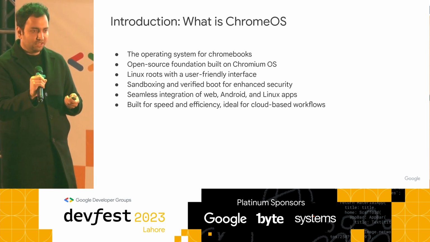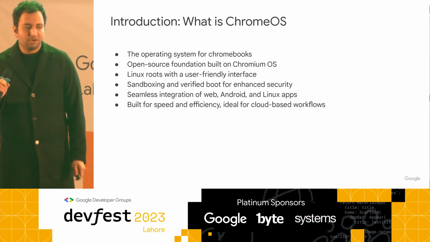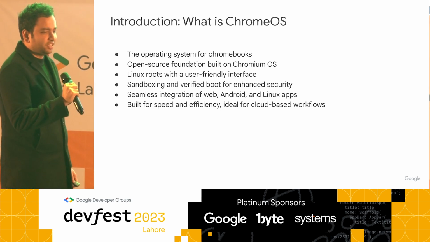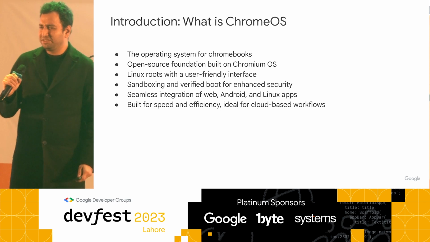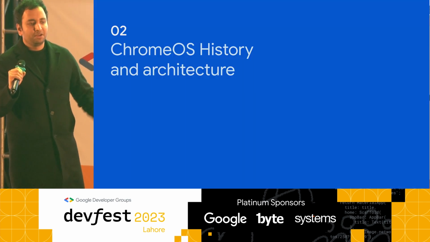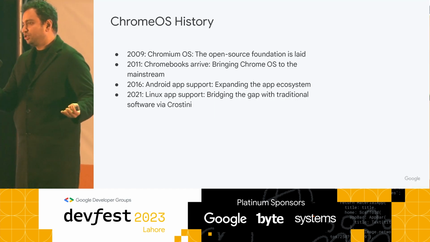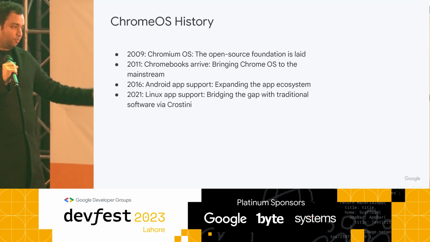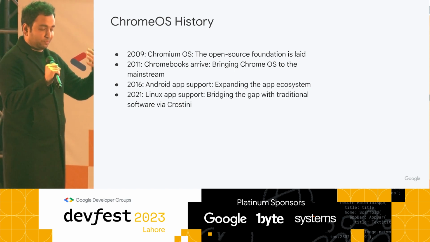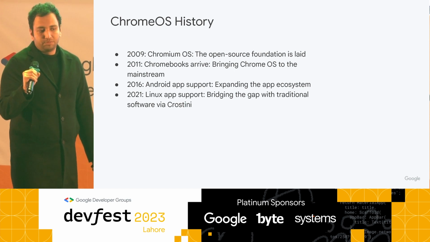Now let's talk a bit about its history. As I already said, it was announced in 2009. I think at that time, Sundar was the product manager. Don't quote me on that, but I think they laid the open source foundation. Then there was Chromium OS, an open source repository, and people were able to contribute to it.